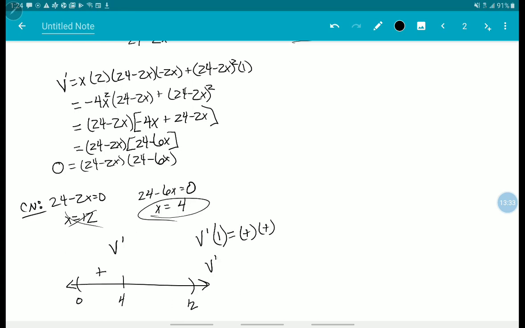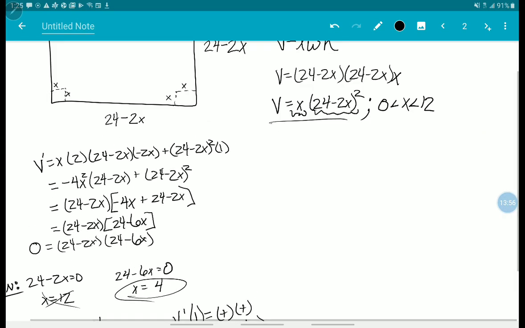If we substitute something in bigger than 4, like 5, we would have 24 minus 10, which is a positive. And then 24 minus 30 would be a negative, so we would have a negative. So you can confirm that this is definitely going to give us a maximum value.